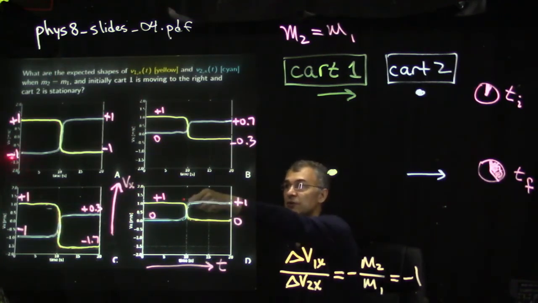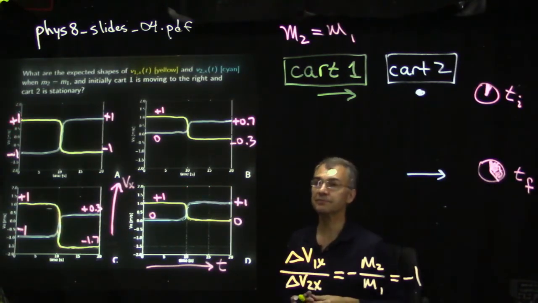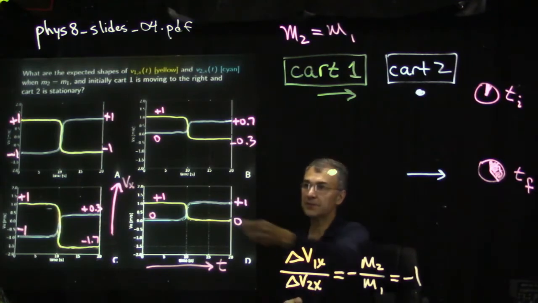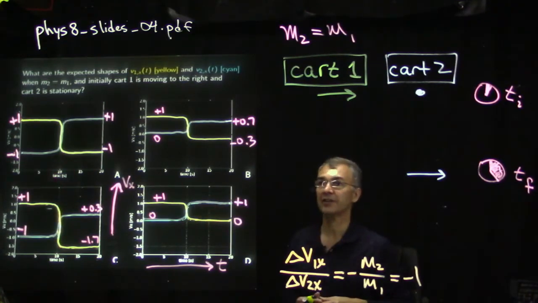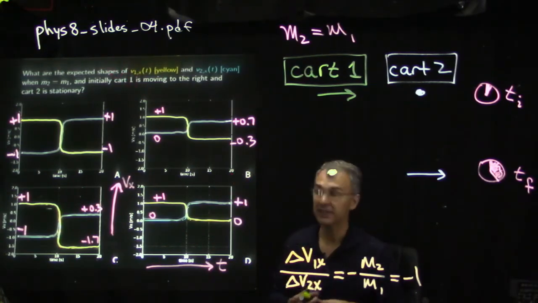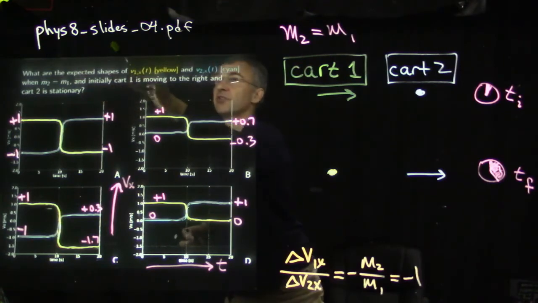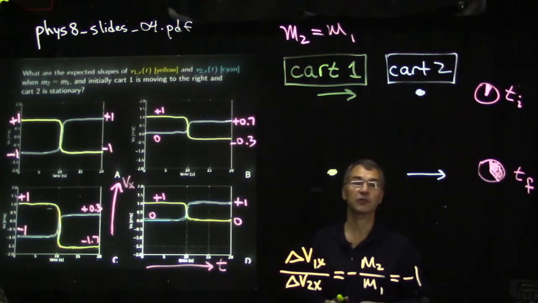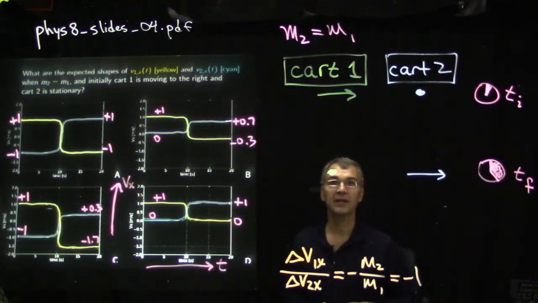Like here's -1 meter per second, there's +1 meter per second, and then there's time on the horizontal axis. And if you want to see these graphs more clearly, you can look at the PDF slides at phys8slides04.pdf in the course files area.